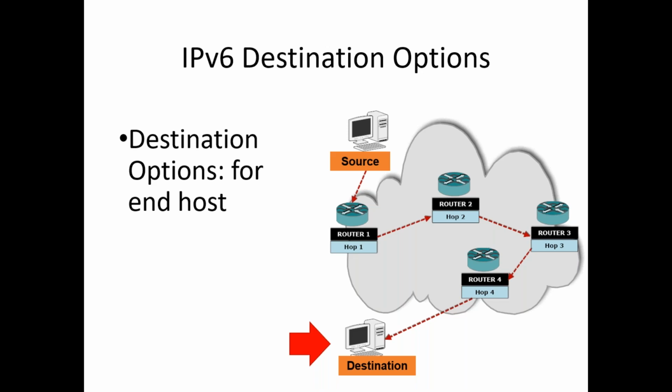The reason I find this so interesting is that this is, to me, one of the real strengths of IPv6. This kind of thing where you can have an extensible protocol, by which I mean that when new needs are discovered, you can define a new destination option.